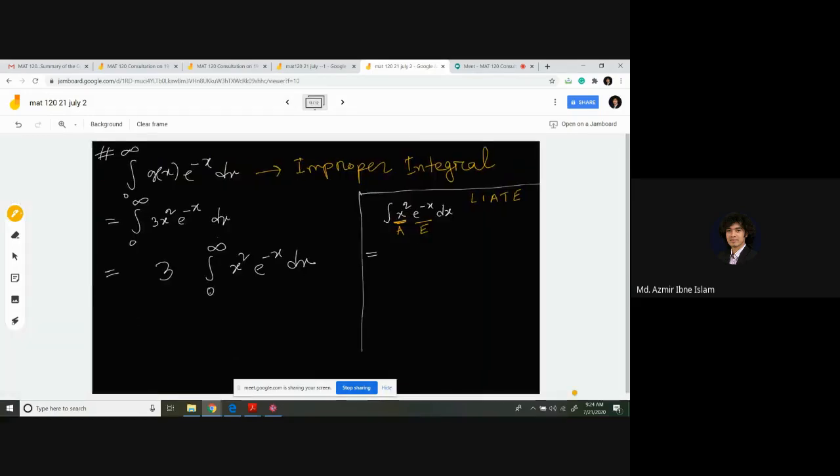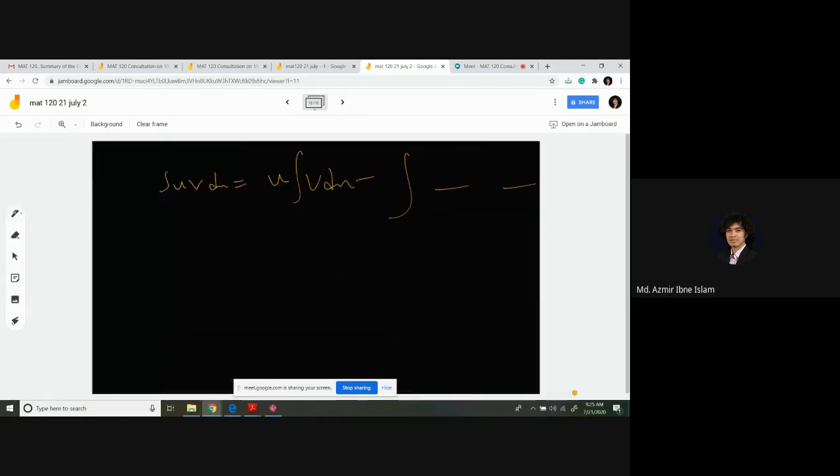Here, x squared integration of e to the power negative x dx, negative total integration of d dx of x squared or u, integration of e to the power negative x dx. So what we are getting here is x squared integration of e to the power negative x dx. Do you know the formula? It is negative e to the power negative x.